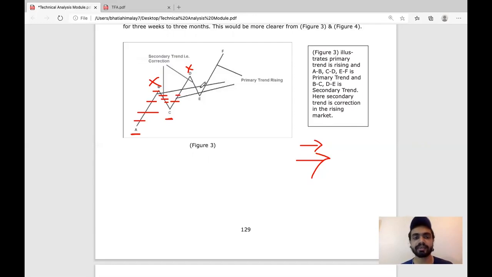So these are your secondary trends and how to trade them. Now, let me quickly summarize. If the primary trend is in an upward direction, then we always use the strategy of buy at dip. That means once the correction has taken place, we buy at the pullbacks.